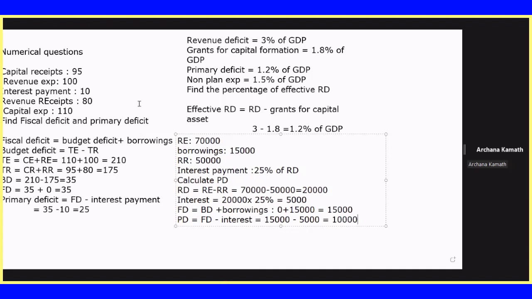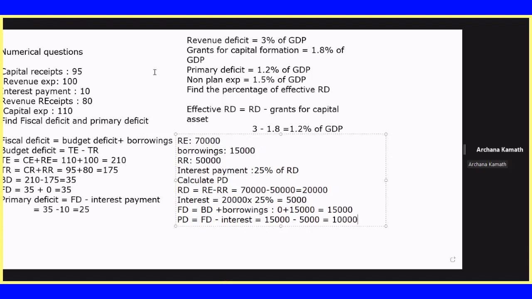But when the government is looking forward to apply expansionary fiscal policy, they will increase the expenditure and cut down the receipt side. So during pandemics or any kind of crisis situation, the policy that will be adopted will be expansionary policy.